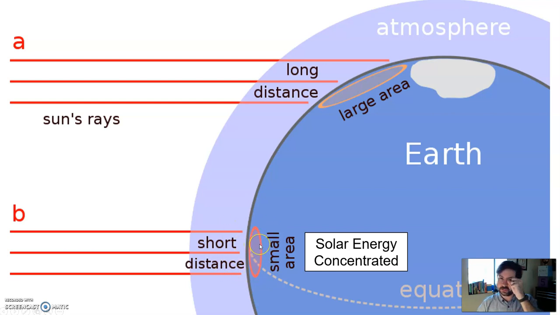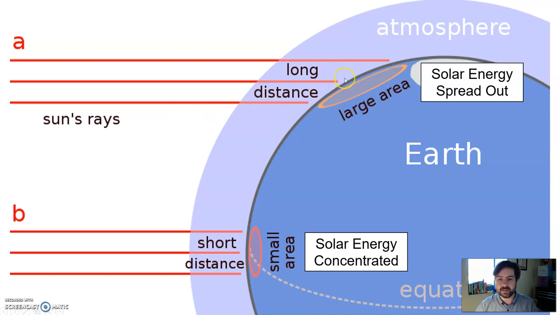So that solar energy is concentrated. The energy is concentrated there, meaning it's going to be warmer. Well, up here, it's the same 3 rays, but you can see by the time they hit different parts of the Earth, it's spread out over a larger area. That solar energy is more spread out. So instead of being just concentrated, it's more spread out. So that energy is more spread out, therefore less heat.